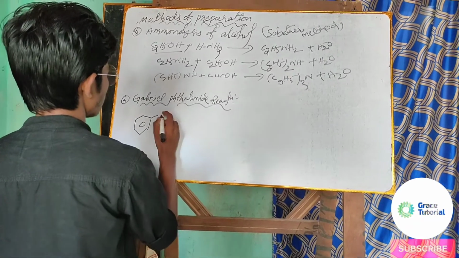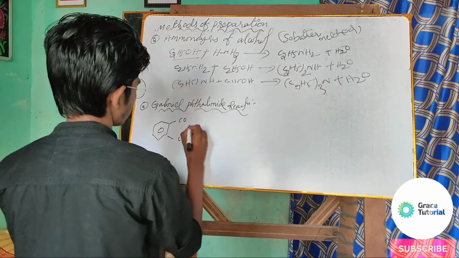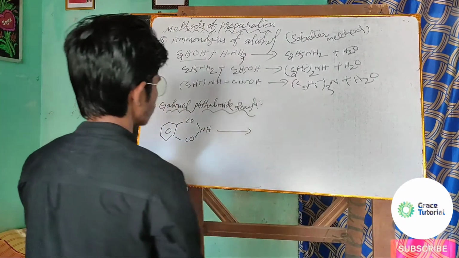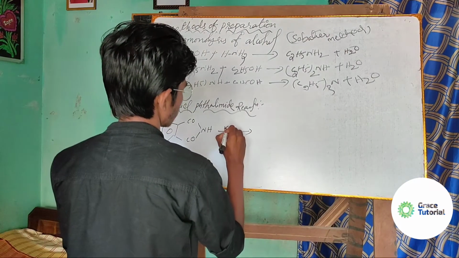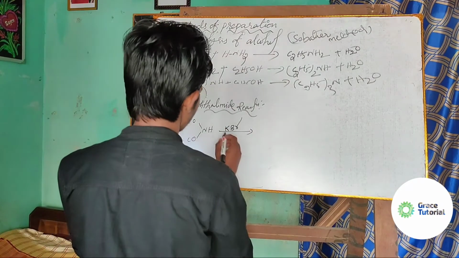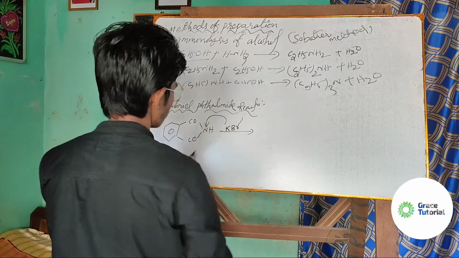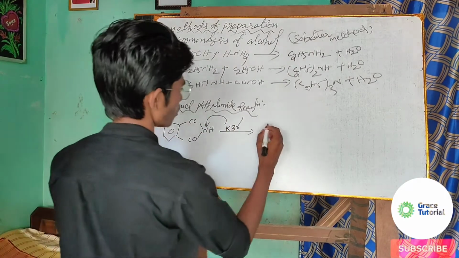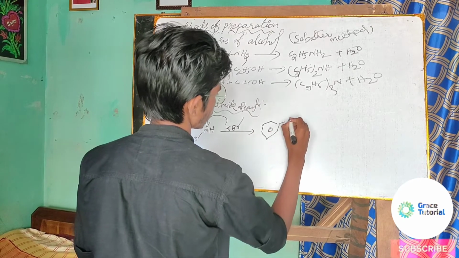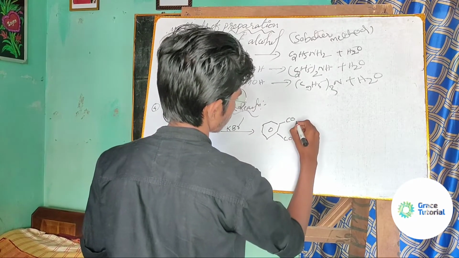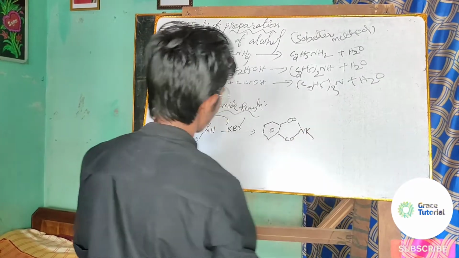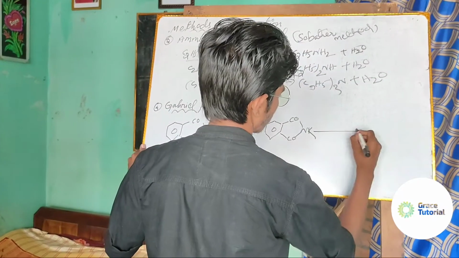I have the phthalimide, CO. When it reacts with KBr, potassium bromide, then this K reacts with this nitrogen. So here it becomes NK.